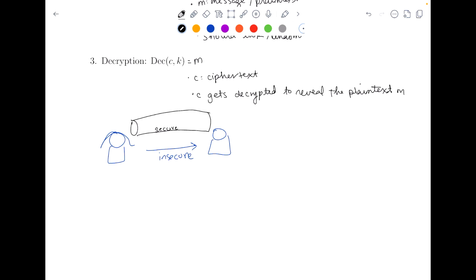Maybe Alice and Bob met in a coffee shop ahead of time, or had set up some sort of secure way to talk on the internet, and so they securely shared this secret key to each other. And it's only sometime later, when they're far apart, no longer in the same coffee shop together, and Alice wants to send that message to Bob, that she has to use this insecure channel, but luckily they both already know this key K.